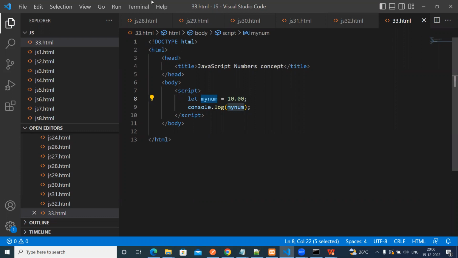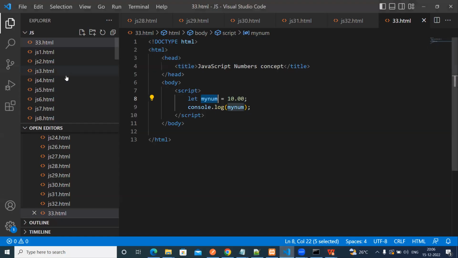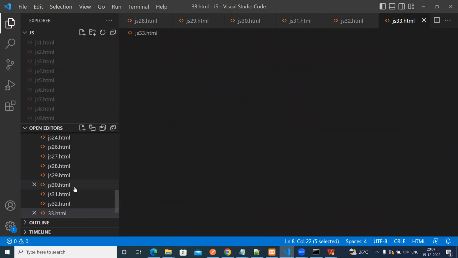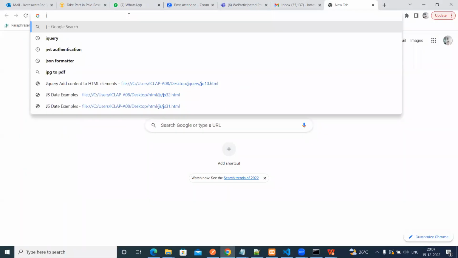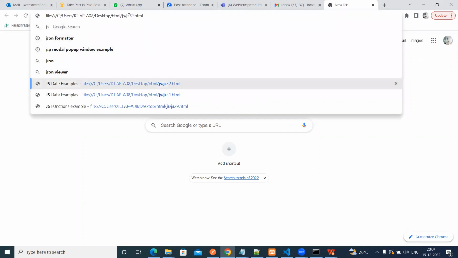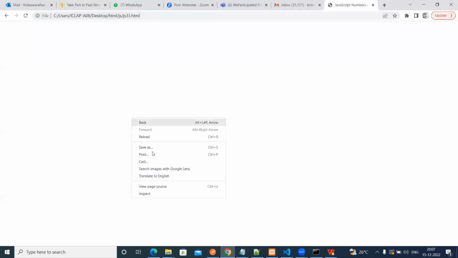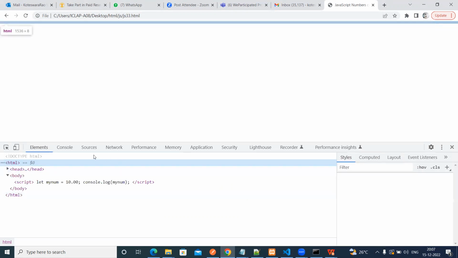You can see it in the browser, using inspect element.